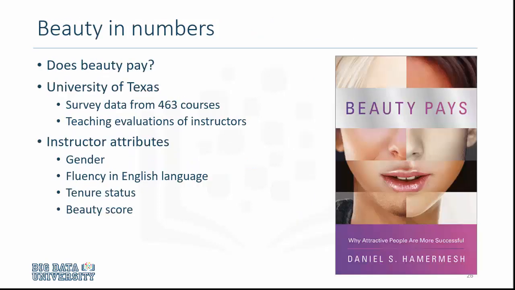Let me illustrate with examples why a tool like SPSS is more suitable than spreadsheets, because we can do things with these tools that are not possible with spreadsheets. So going back to the same data set where we looked at 463 courses, let's generate some data visualizations to see why tools like SPSS are preferred.